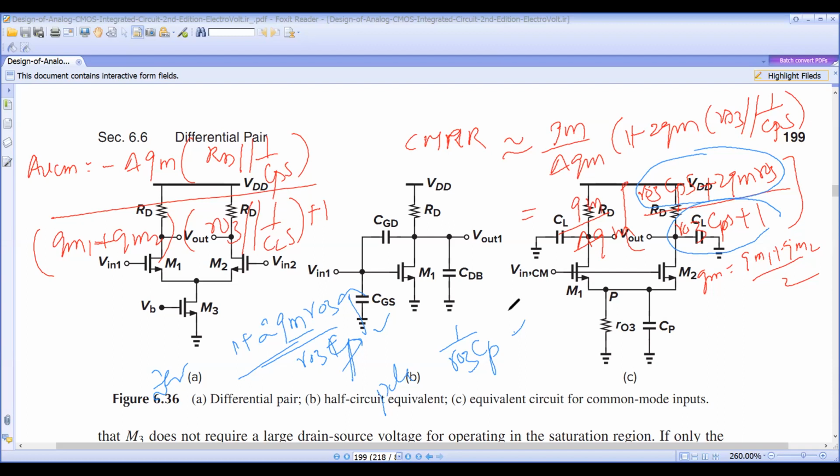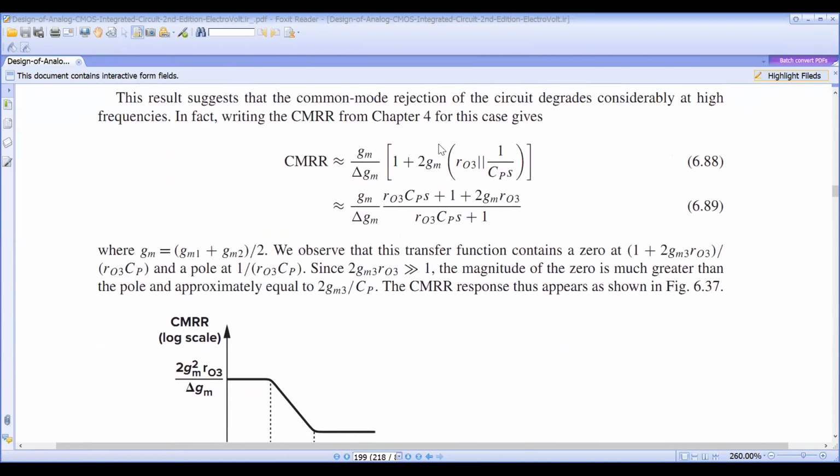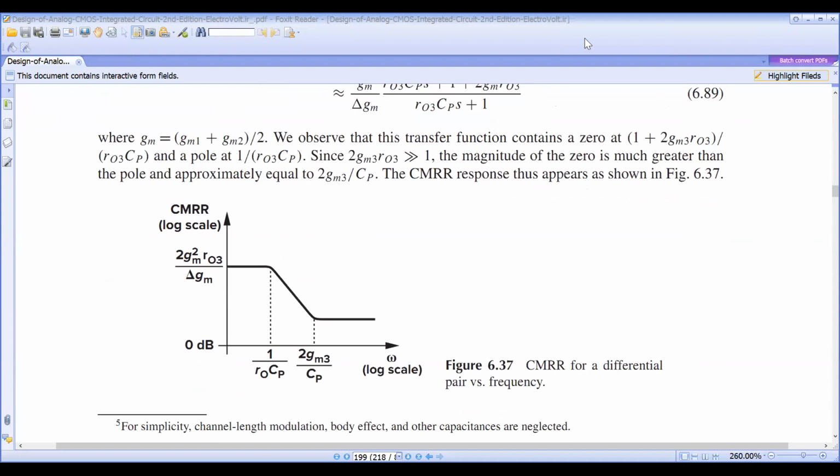If you draw the frequency response plot, I'm clearing this screen so that if you want, you can take the snapshot. Yeah, see, this picture.